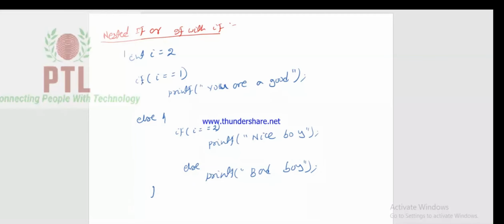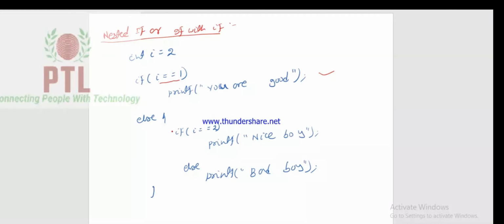So here if you see what I am doing, if this condition is satisfied, then it will print you are good. Else, I mean, if i is not equals to 1, that could be 0, that could be 2, that could be 3, that could be 5, anything apart from 1.